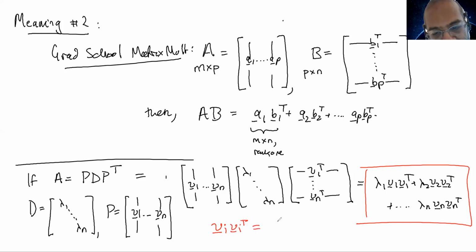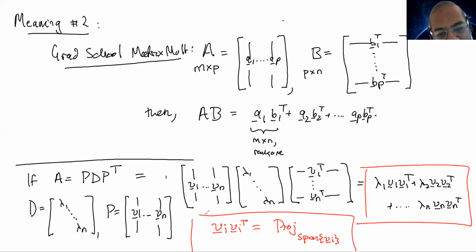So this is the matrix of the projection onto the span of Ui. Going back to chapter 6, you can see that this is the matrix of a one-dimensional projection.